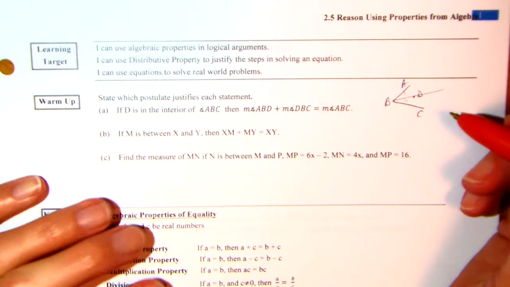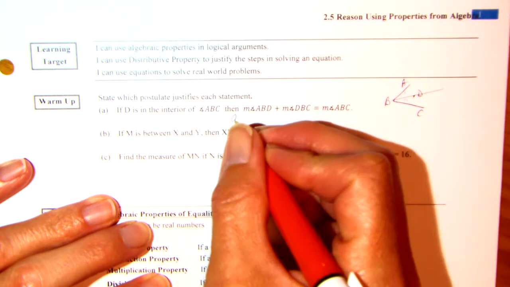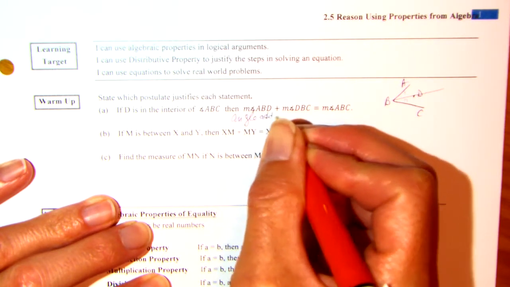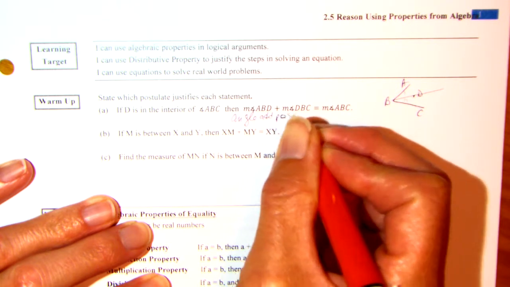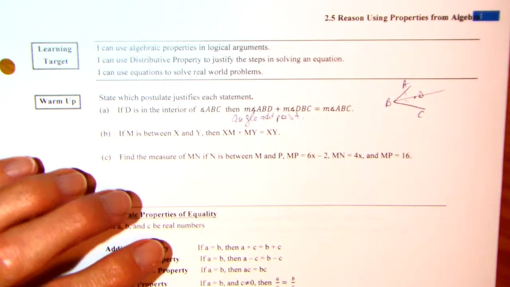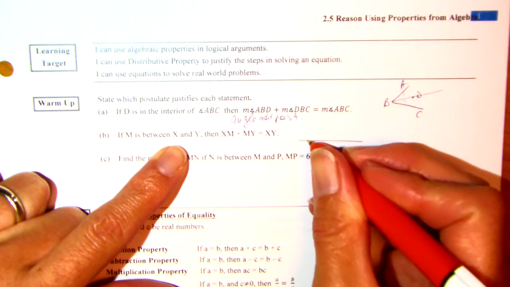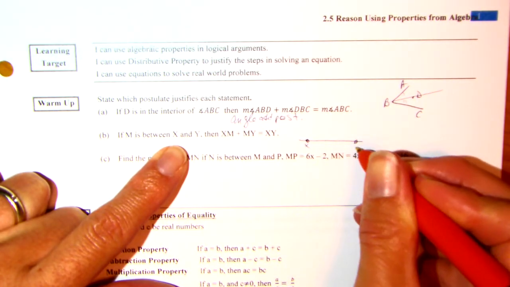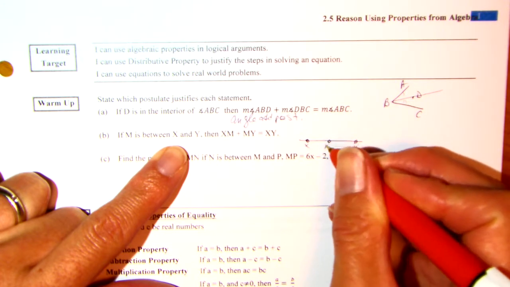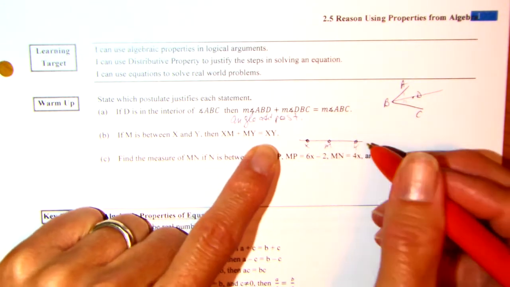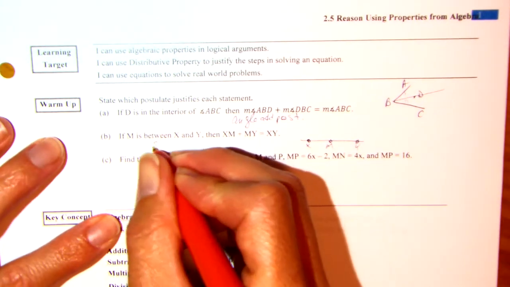Well, that's the angle addition postulate. Now, if M is between X and Y, then XM plus MY is equal to XY. This is the segment addition postulate.